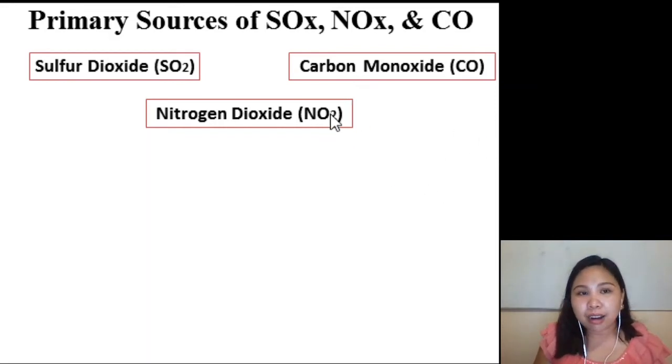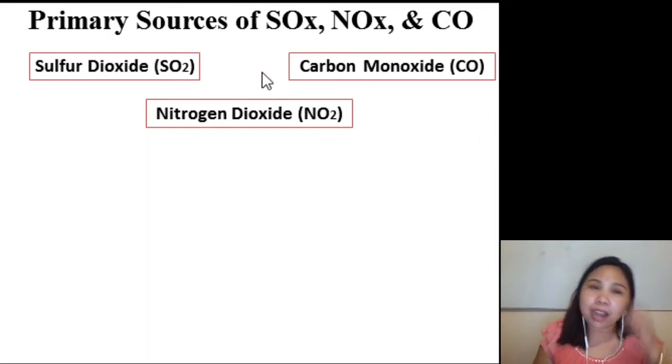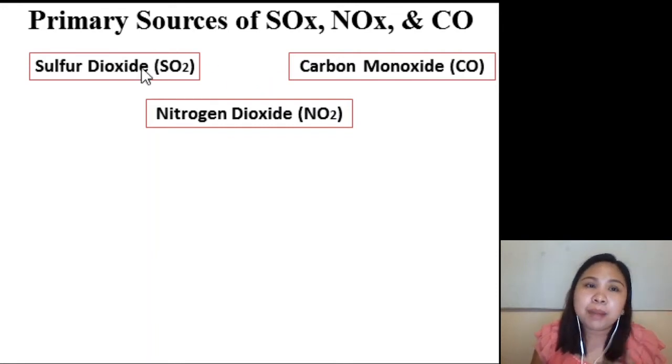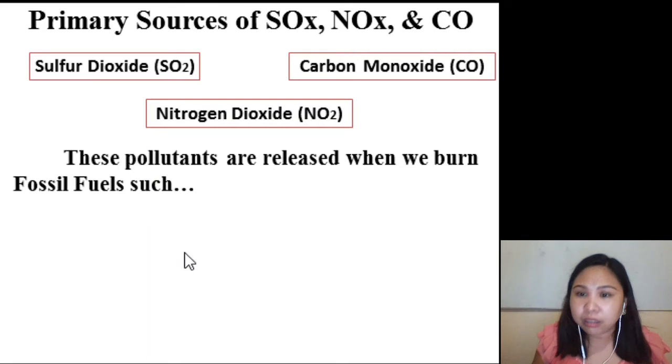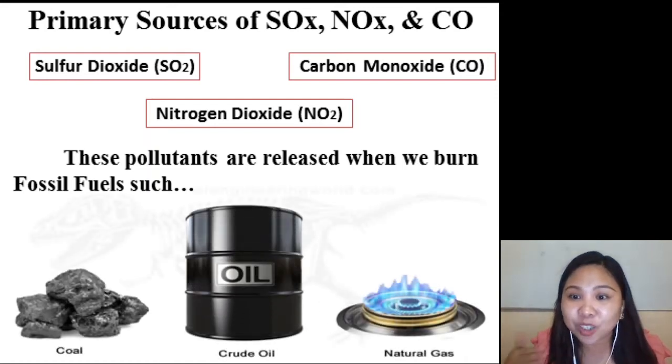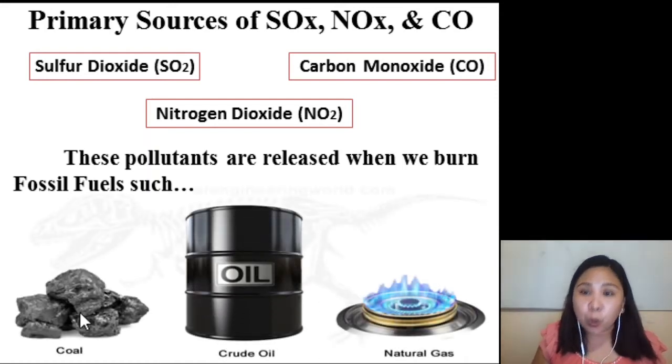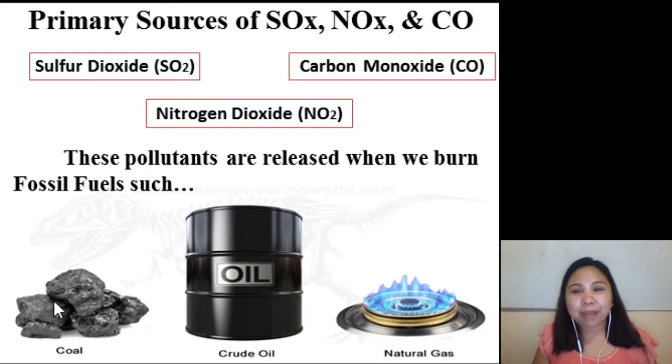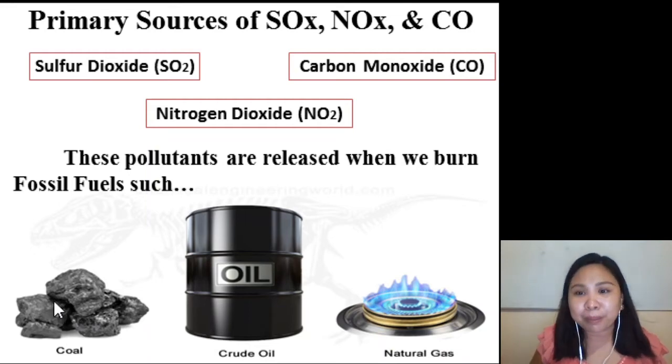So, let us start kung saan nanggagaling etong mga pollutants na ito, primary pollutants na ito. So, these pollutants are released whenever we burn fossil fuels. Okay, so whenever nagbo-burn tayo ng fossil fuels such as, okay, we have coal. Ayan, ito yung ginagamit natin usually sa mga power plants.